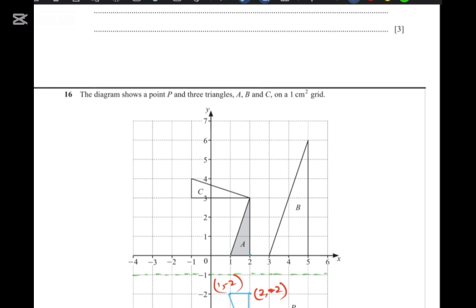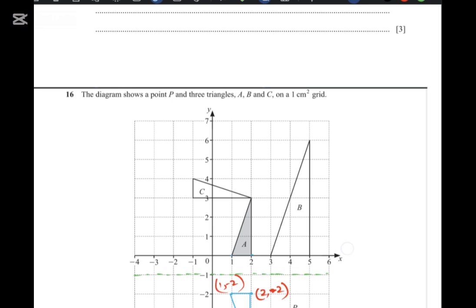Now we'll take another line to find the center. This is another line where it is meeting at minus 1, 1. So this is the center of enlargement.